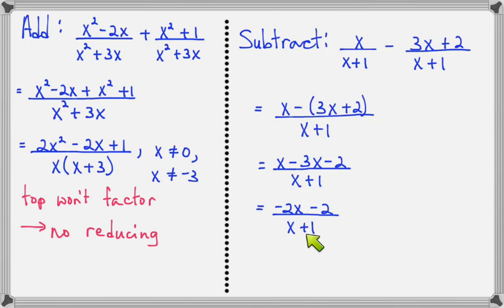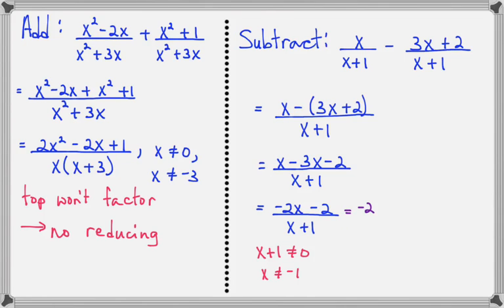Now I'm going to pause here and let's figure out what makes the denominator equal 0. Since x plus 1 cannot equal 0, we know that x cannot equal negative 1. And now let's go ahead and factor this top, because I do see a GCF here of negative 2.